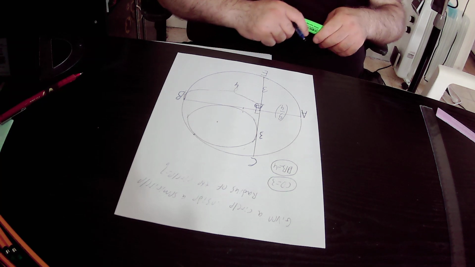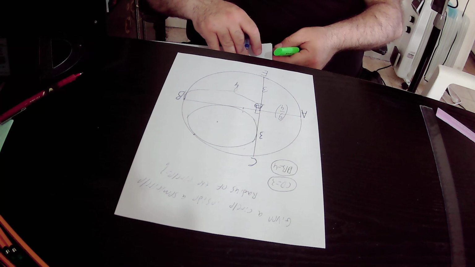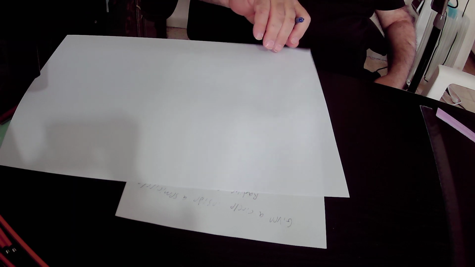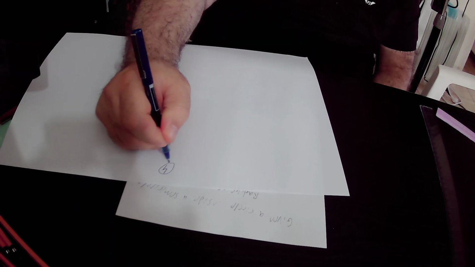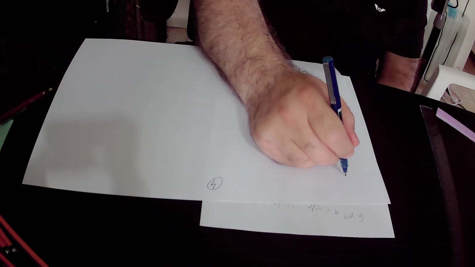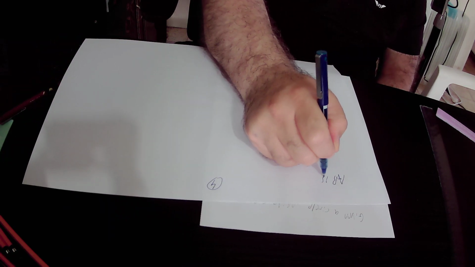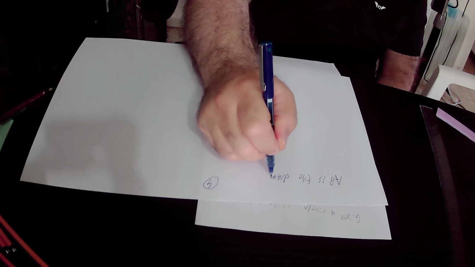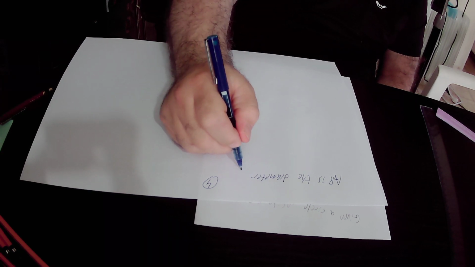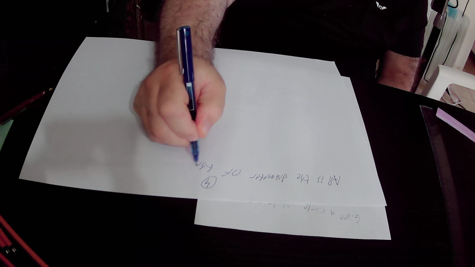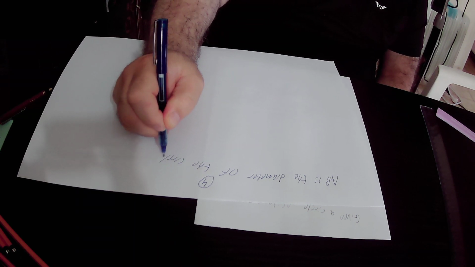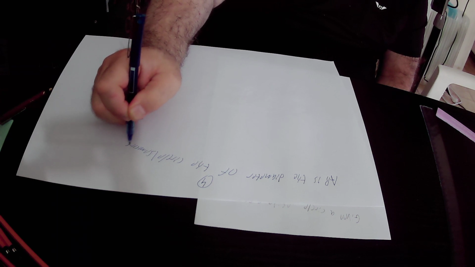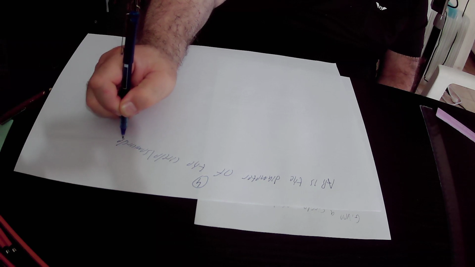I write it down: AB is the diameter of the circle and the semicircle.